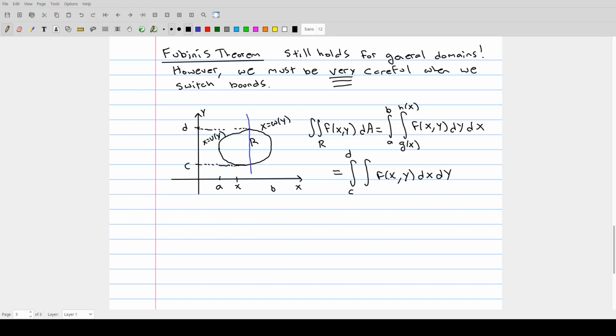And what that means then is that as we go in y from C to D, at any given specific y value, the lower bound is given by v of y, which is this function, and correspondingly the upper bound is going to be given by the point w of y, which is straight across.